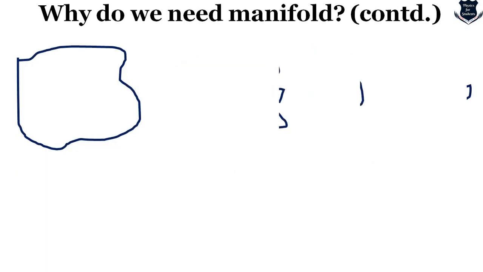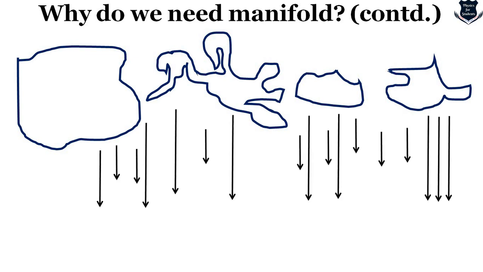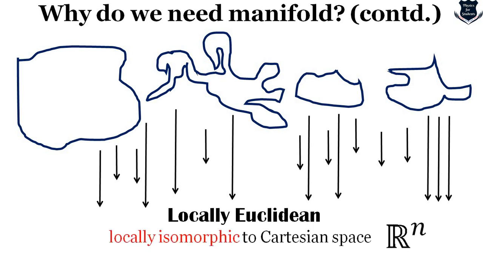Now if you get a curved surface like this, and this, all those curvatures, a hyperboloid, sphere, or whatever, I've just drawn some crazy bit of curves, all this would be locally Euclidean. That means they are locally isomorphic to Cartesian space in Rn.